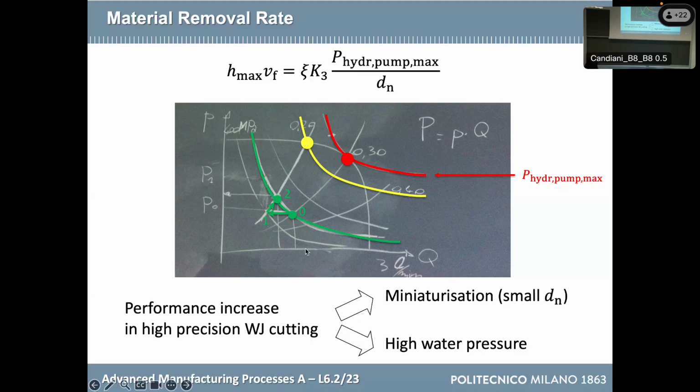If I go down, I see that the flow rate is small. So I have too much flow rate available, and instead, I would like to increase the pressure. So I would like to have a pump with a rectangular characteristic curve, but with a higher pressure and a lower flow rate. This could be doable, but I should ask the manufacturer of the pump to make a pump especially for me.